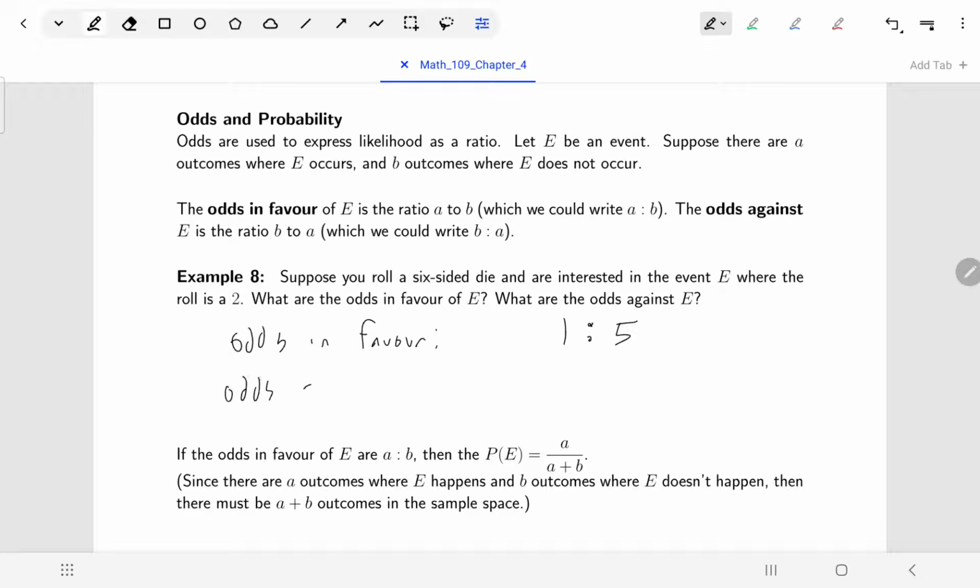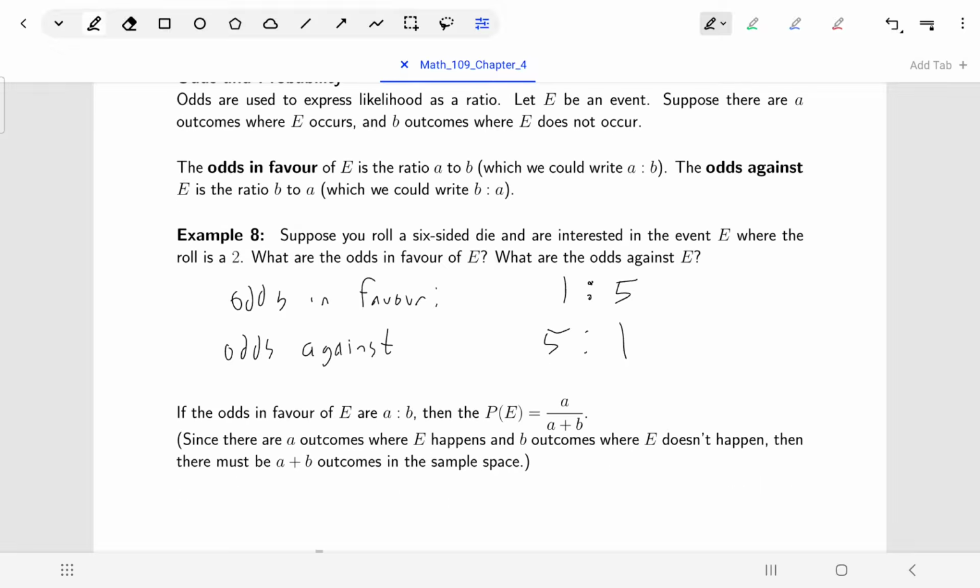The odds against is the reverse, where you list how many options there are where the outcome doesn't happen, and then how many outcomes there are where it does happen. So the odds against rolling a 2, there are 5 ways where you don't roll a 2, and 1 way where you do roll a 2, so the odds against are 5 to 1.